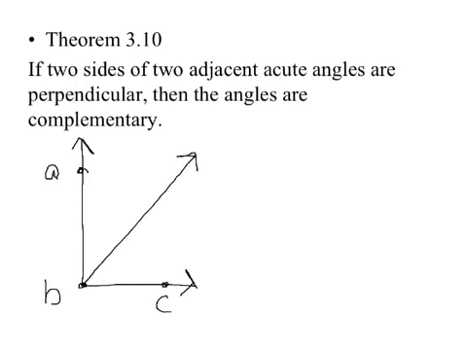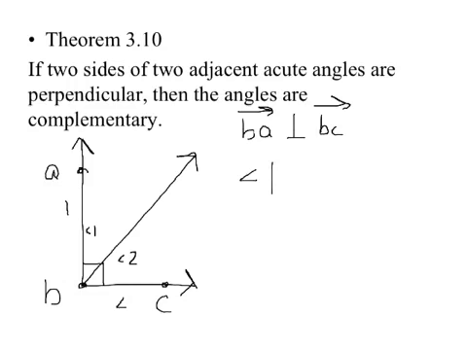If two sides of them, side 1 and side 2, are perpendicular, then the adjacent angles, let's say angle 1 and angle 2, are complementary. So ray BA is perpendicular to ray BC, then angle 1 and angle 2 are complementary.